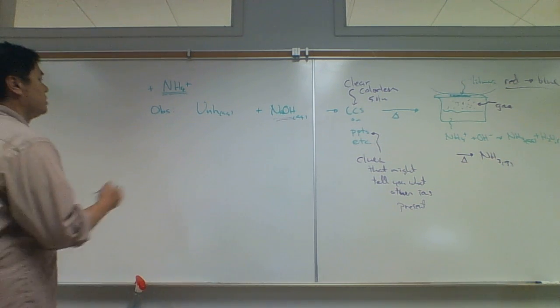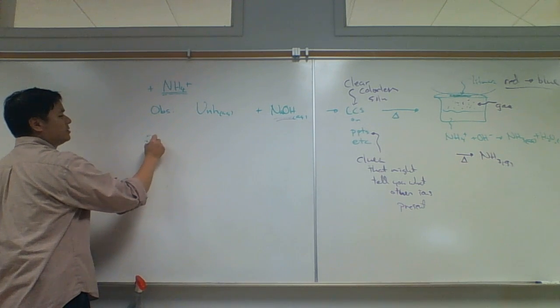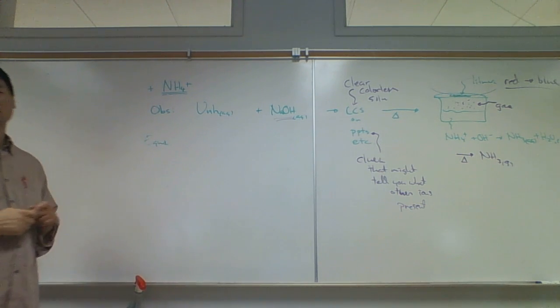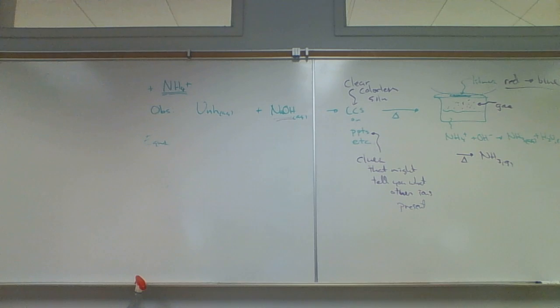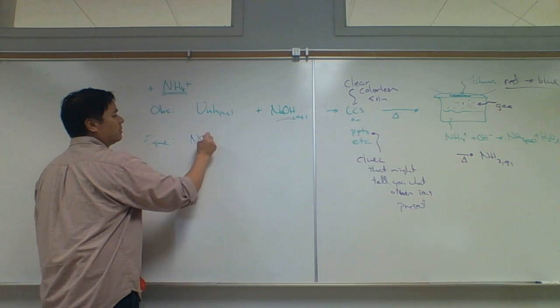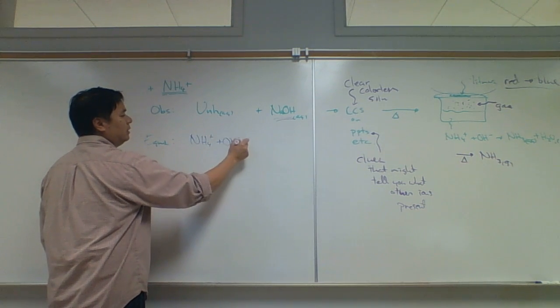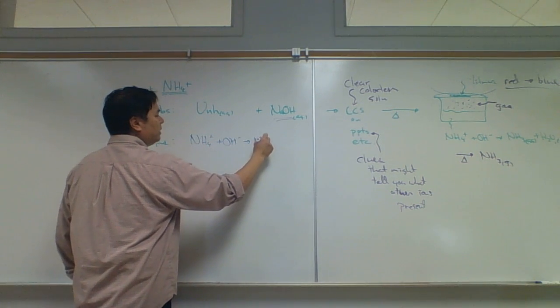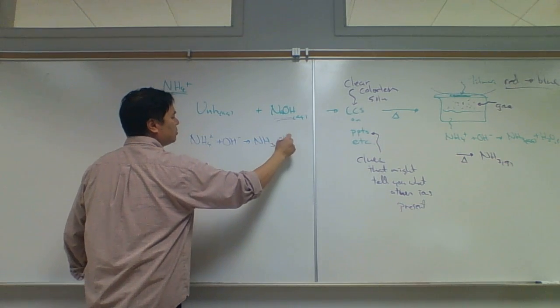And so what are the equations here? I wrote one of the equations over there, but let's rewrite it here. The equations for these reactions: if we have ammonium ion present, then the hydroxide attacks that to form ammonia, NH3, plus H2O liquid.